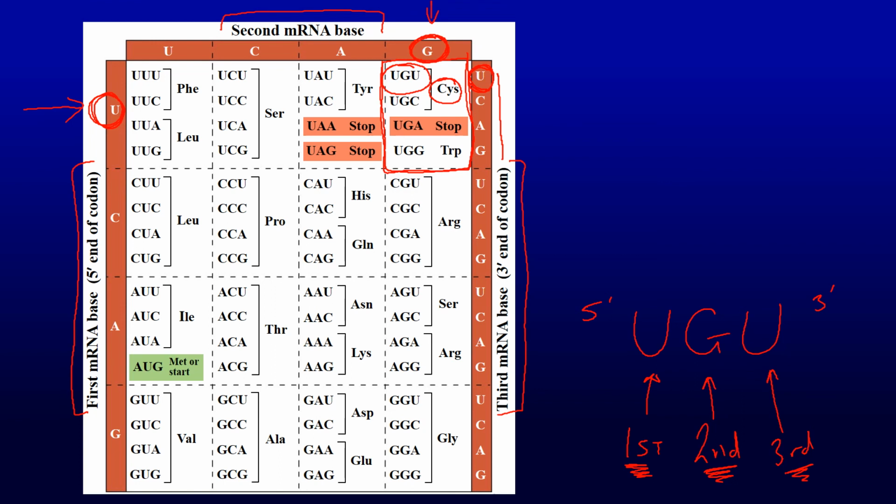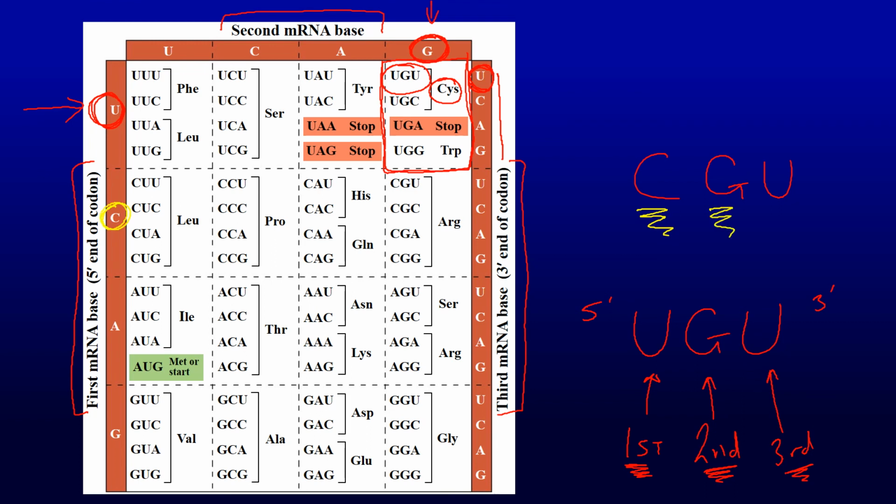All right, let's look at another example. Our other amino acid that we were looking at was a CGU. All right, so let's go find our first C. Our first C, and I'm going to change pen colors. So our first C would be over here.